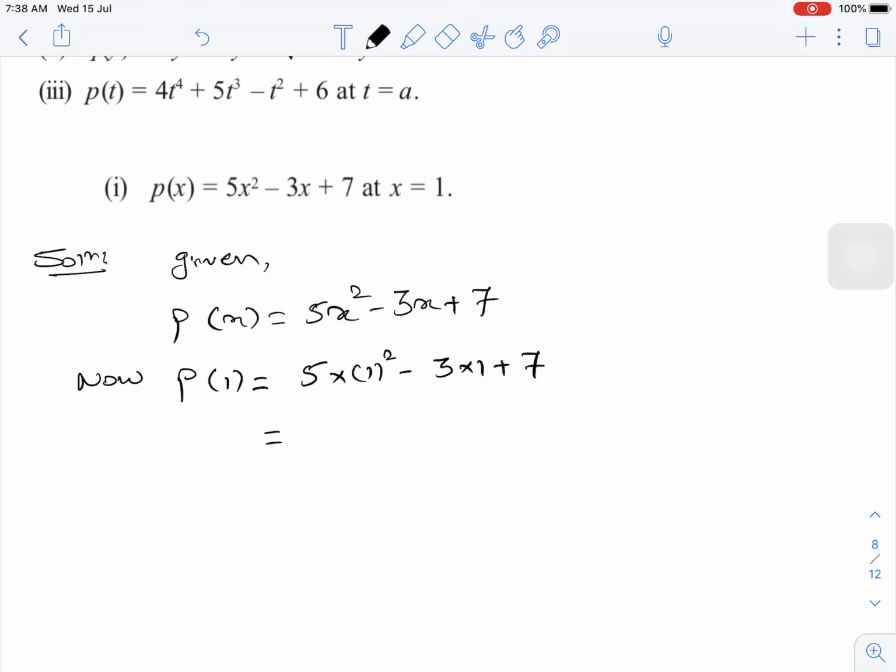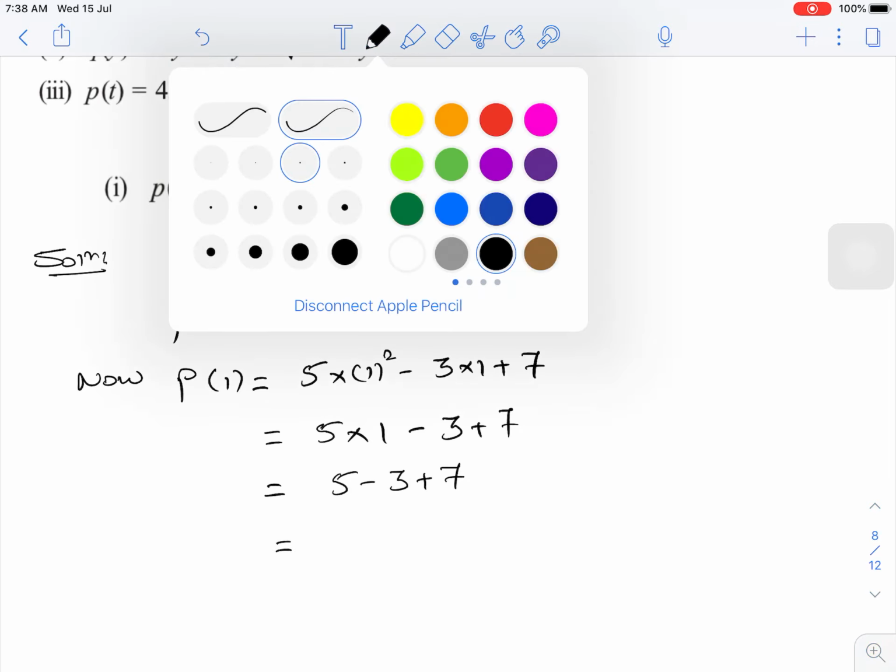So that equals 5 into, now 1 square is 1, minus 3 ones are 3, plus this 7 as it is. Equals 5 ones are 5, then minus 3 plus 7. Now it depends on you how to solve it. Let us make a pair and solve it.